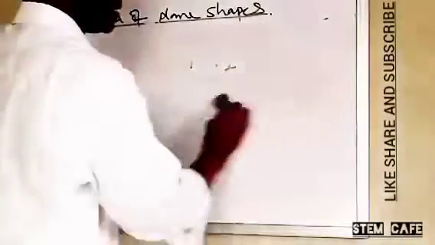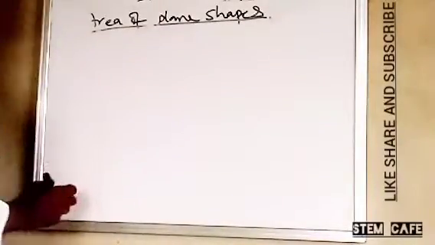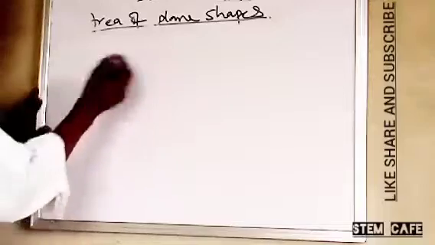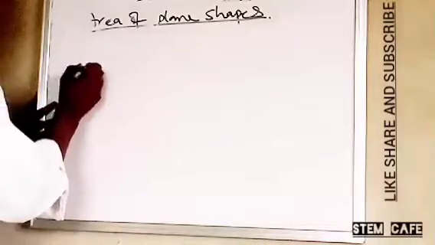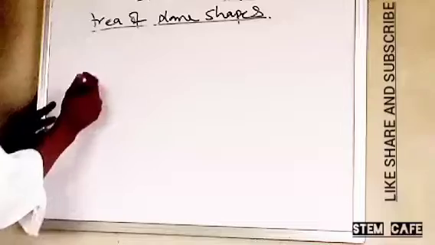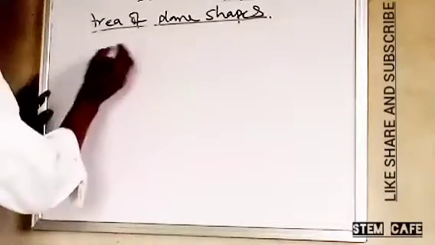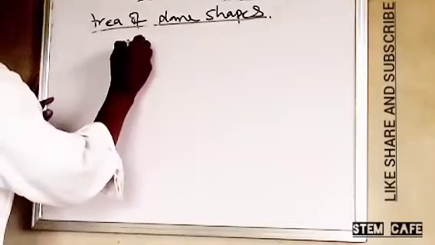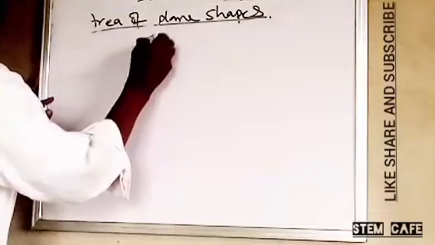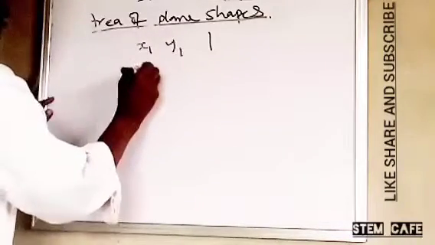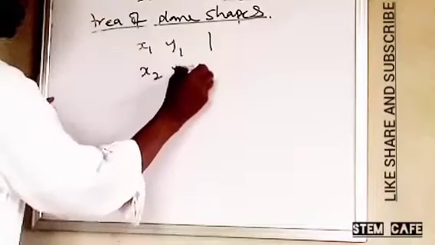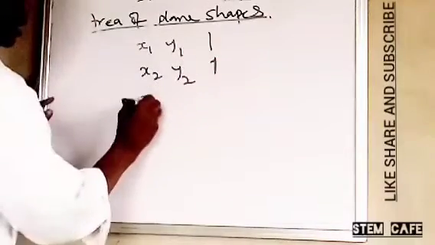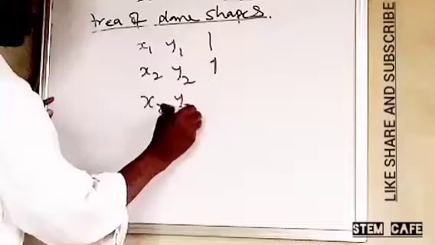Now let's look at the shape of a quadrilateral. There is a formula using determinants. The area of a triangle will just be the determinant of x1, y1, x2, y2, x3, y3.